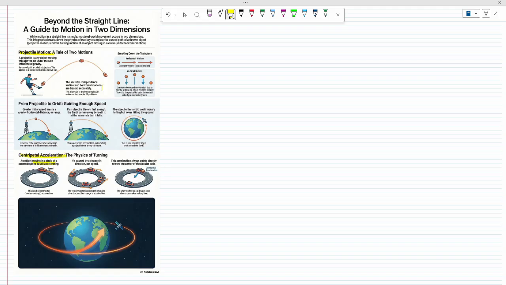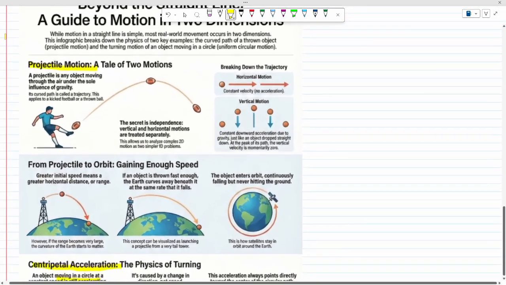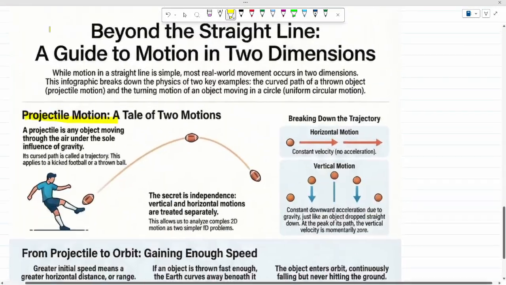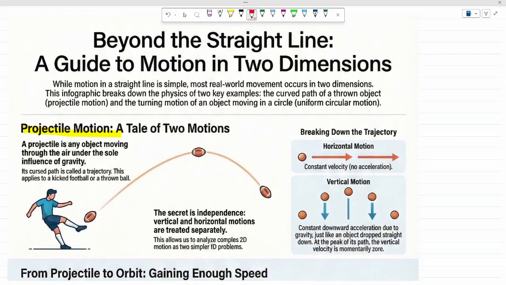So let me first talk about projectile motion. So in projectile motion, as you look at this definition, a projectile is any object moving through the air under the sole influence of gravity. If that sounds like it's exactly the same as the definition for free fall, yeah, they are, and not by accident. This is the same as free fall because free fall is an example of projectile motion.